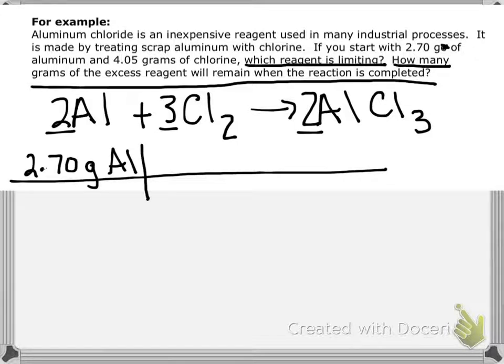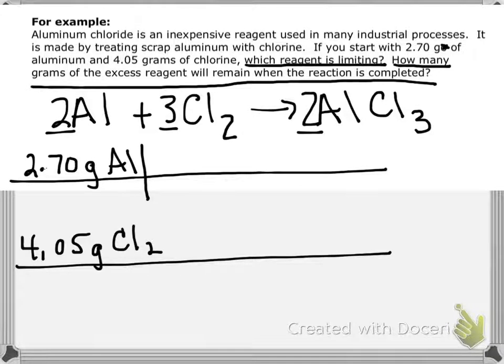I also have 4.05 grams of chlorine. So I'm actually going to set up 2 stoichiometry problems at the same time. And my goal is to figure out which one of these 2 creates the least amount of product, the aluminum chloride. Whichever one creates the least amount is my limiting reactant. So that's going to answer the first question.